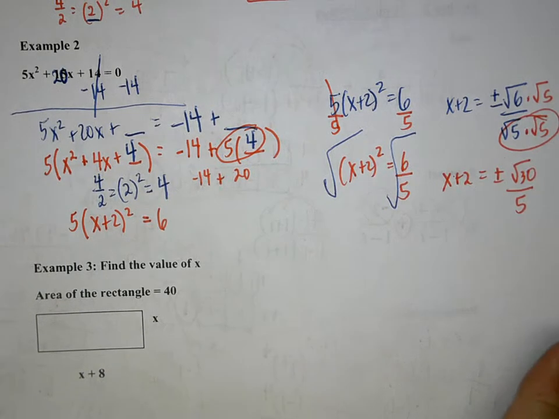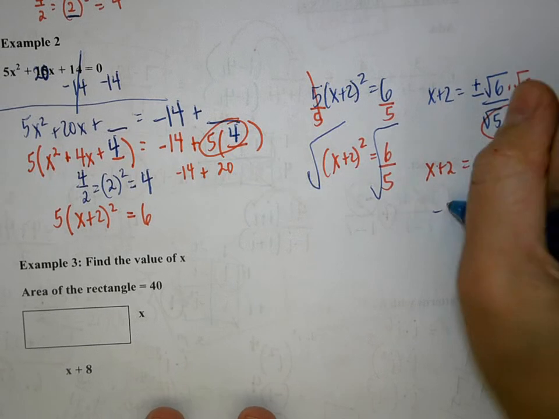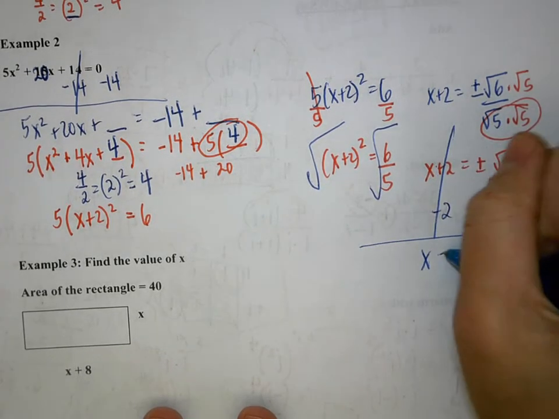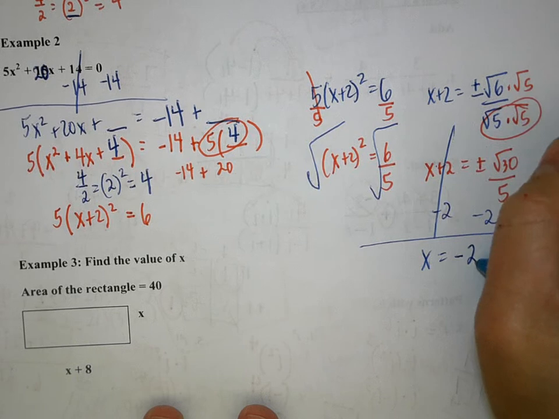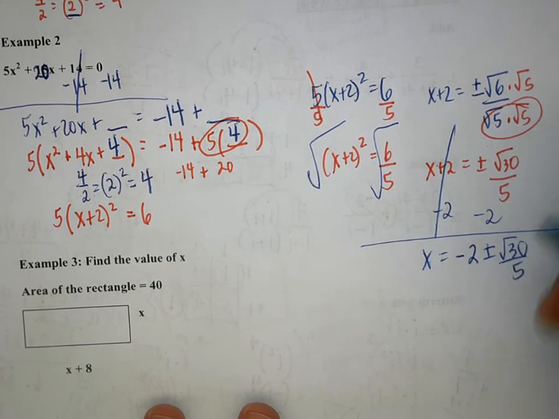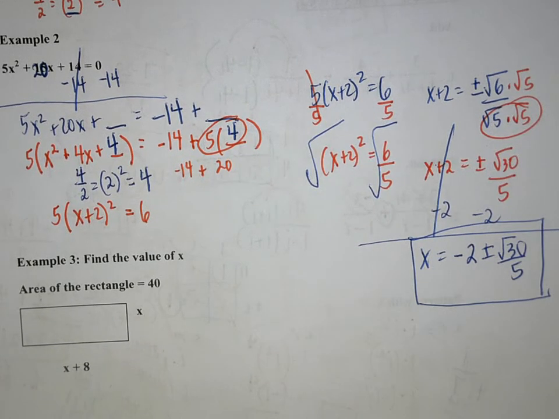And then to finish the problem, very good, we're going to subtract 2. I don't need to write 2 equations because of the root. So I have x equals negative 2 plus or minus root 30 over 5. And that's your answer. Pretty fun, huh?